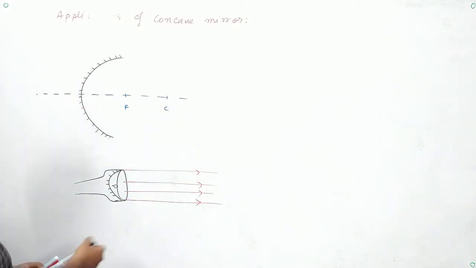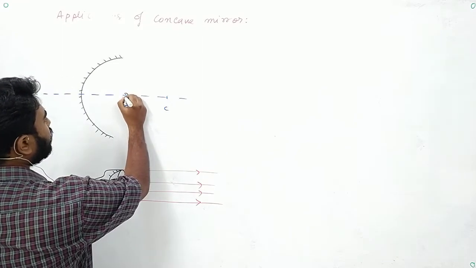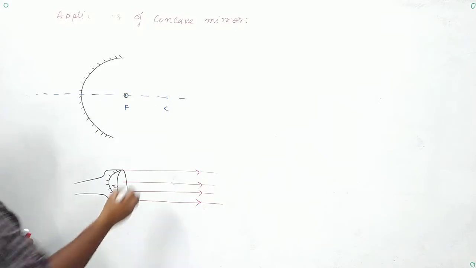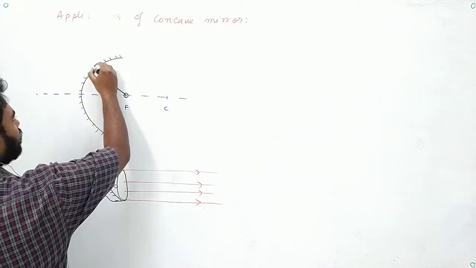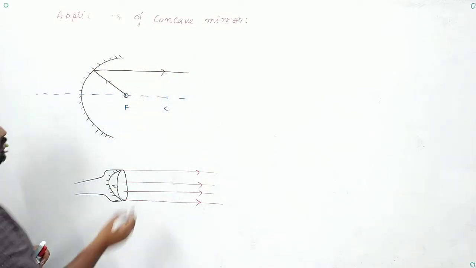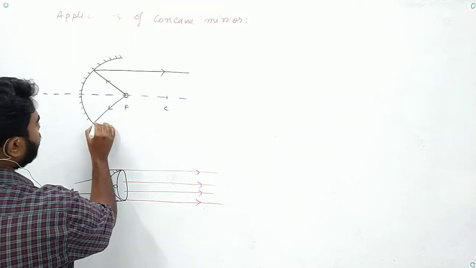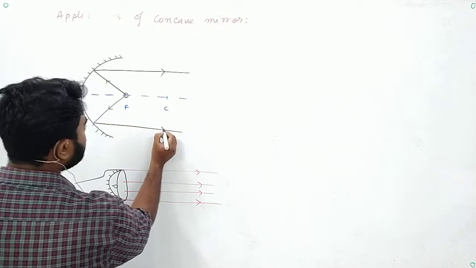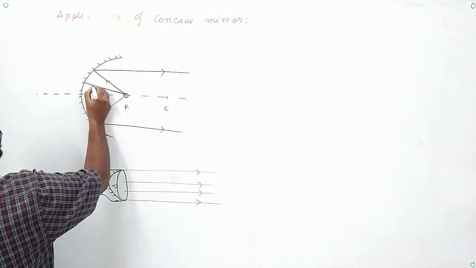What you do is that you place a bulb at the focus, and we know whenever light from the focus strikes the mirror, it passes parallel to the principal axis. So when light comes out from the bulb, it will pass parallel to the principal axis.